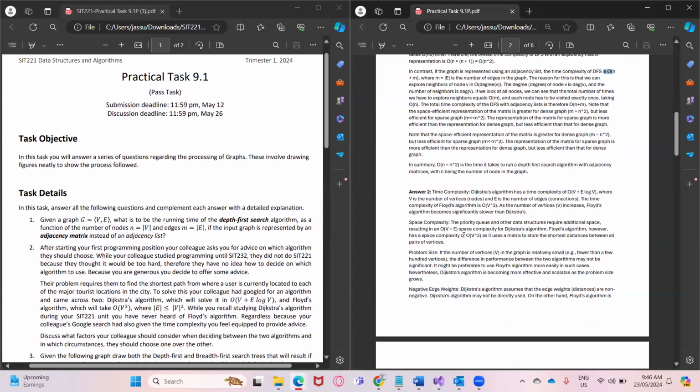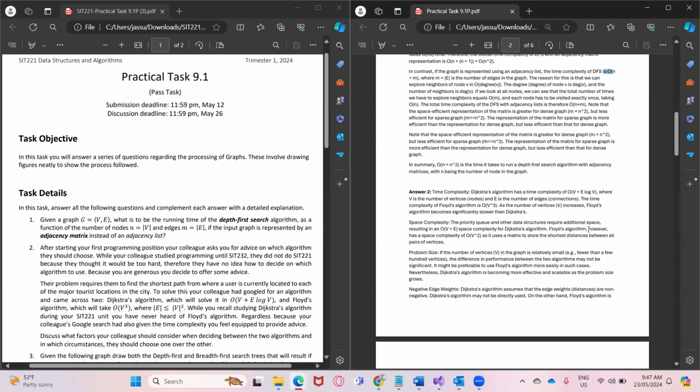When we talk about the time complexity, Dijkstra's algorithm has a time complexity of O of (V plus E) log V, where V is the number of vertices and E is the number of edges. On the other hand, Floyd's algorithm has a time complexity of O of V cube.